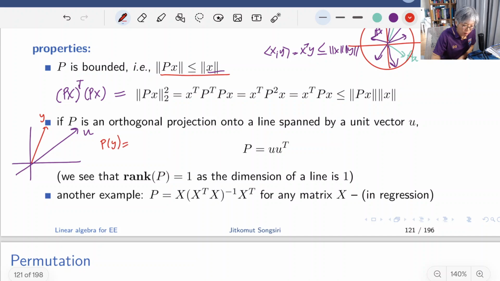We already saw in those lectures that the projection of y onto a line in the direction of the vector u is the inner product of u and y, times u, divided by the norm squared.